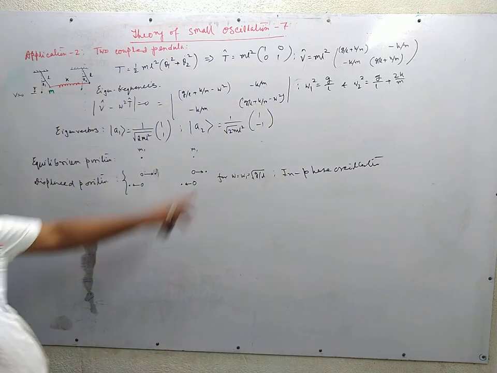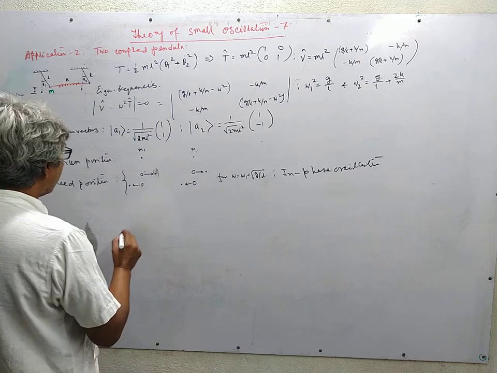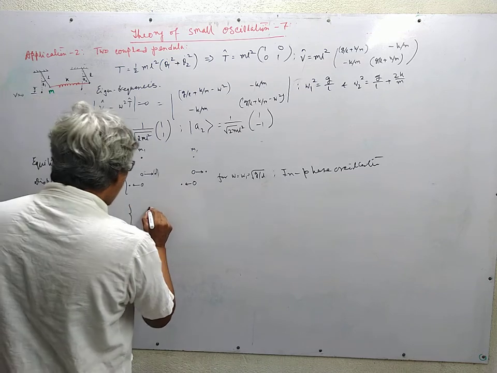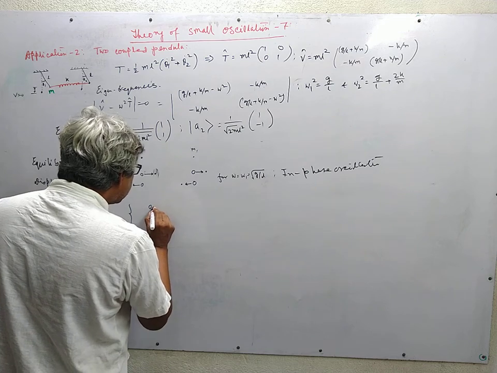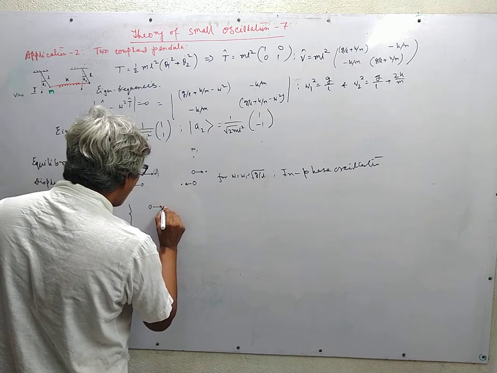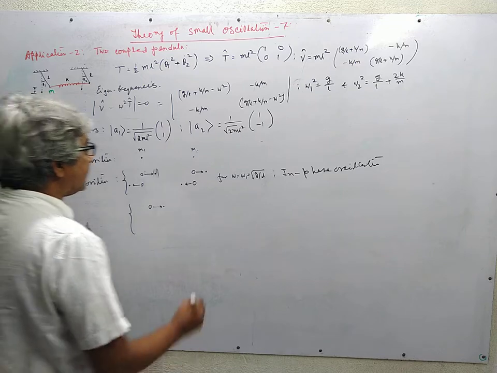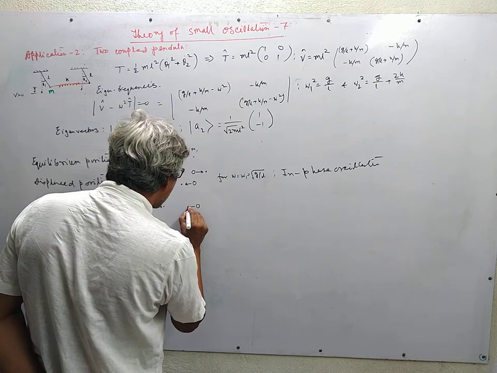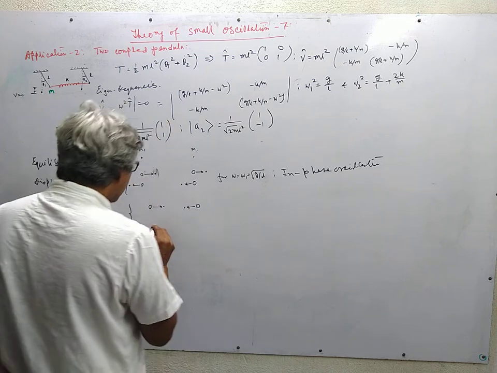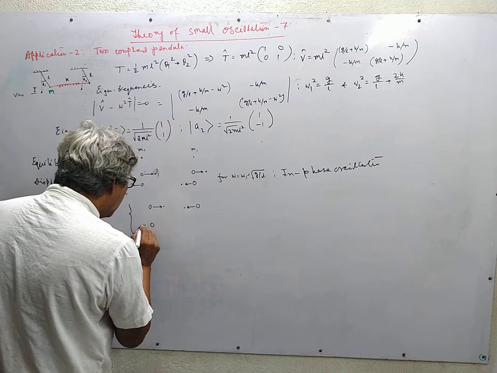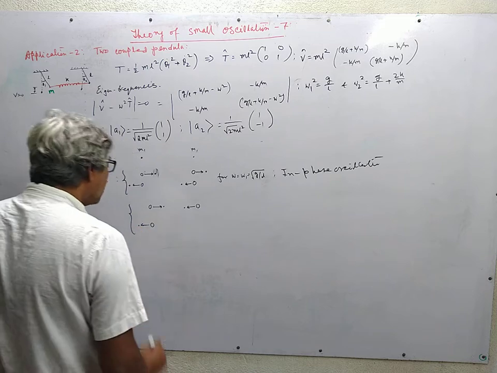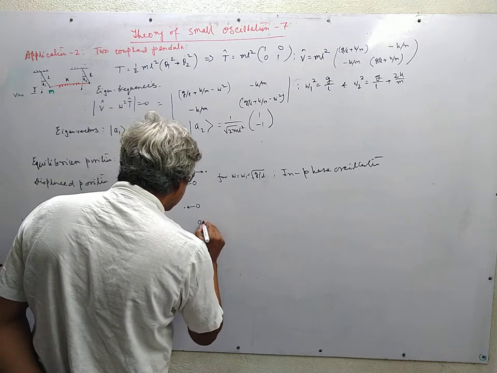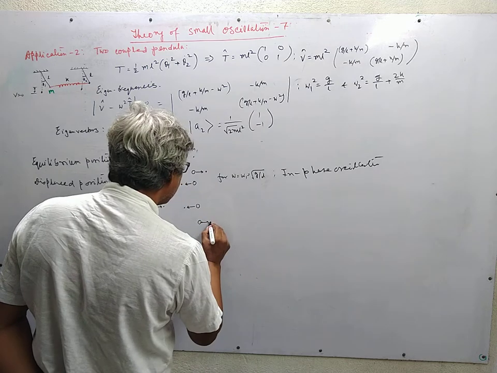And for this one, we see that the displaced position is, say, oscillator 1 moves towards the right and oscillator 2 moves towards the left. Or we may have the situation where oscillator 1 moves towards the left, in that case oscillator 2 moves towards the right.